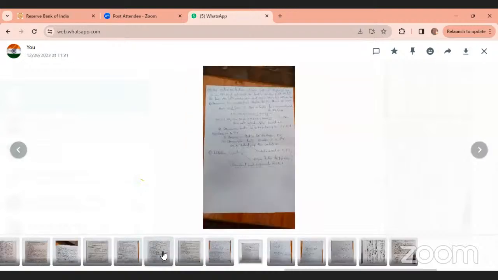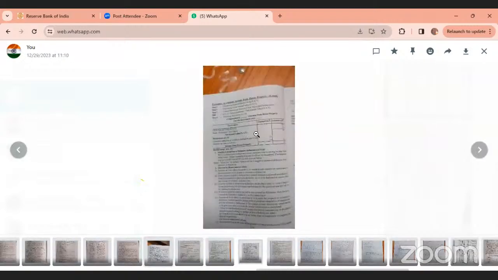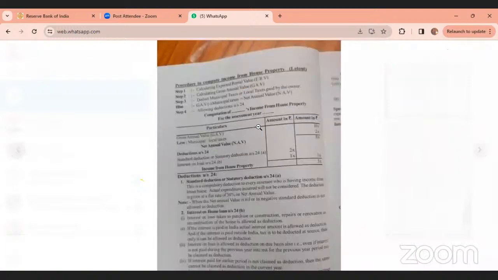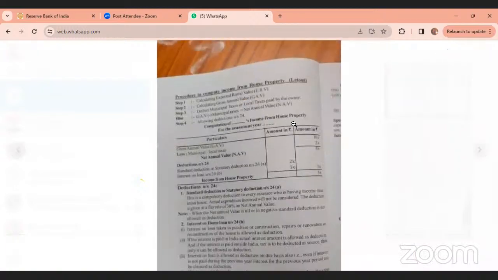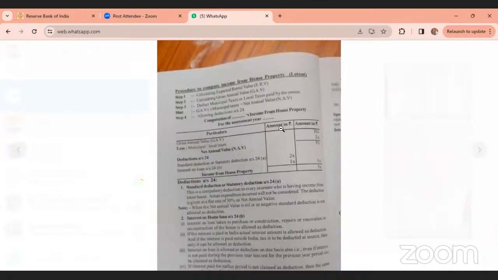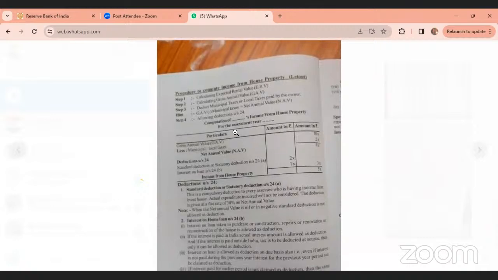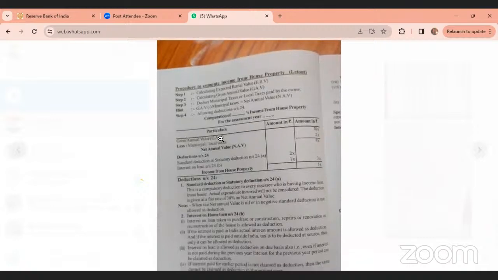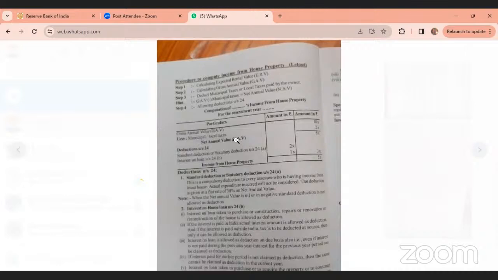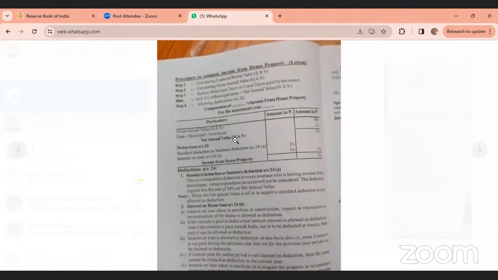So once again, I repeat the table for calculation of income from house property, computation of so and so assessee's income from house property for the assessment year. That is assessment year 22-23, previous year is 21-22. If your books give 23-24 as the assessment year, then 21-22 is the previous year.